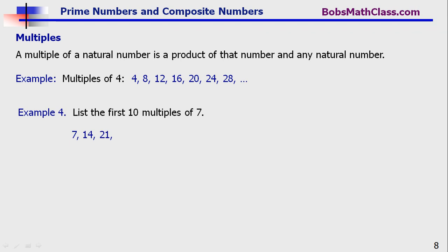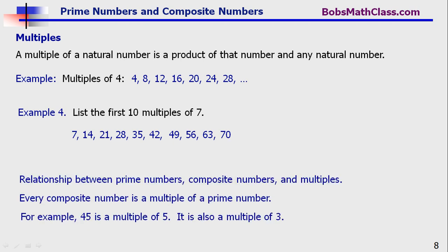Let's see, 7 times 4 is 28. 7 times 5 is 35. 7 times 6 is 42. That's 6 multiples. We've got 4 more to go. 7 times 7. 7 times 8. 7 times 9, 63. And then 7 times 10, 70. Those are the first 10 multiples of 7.